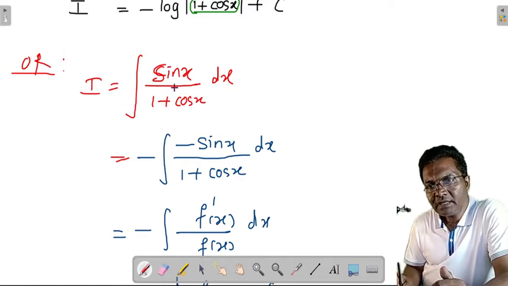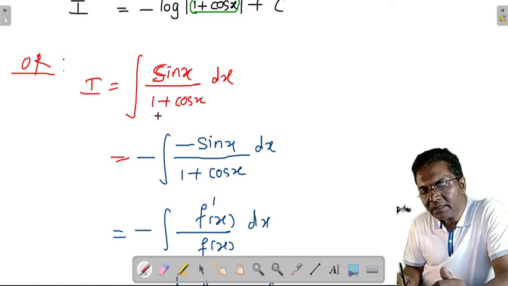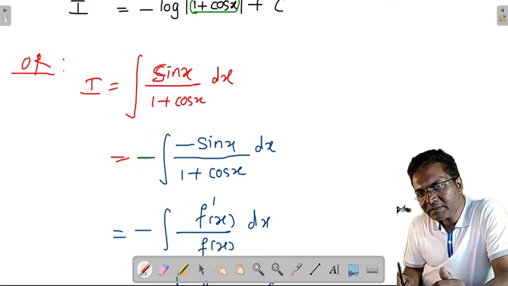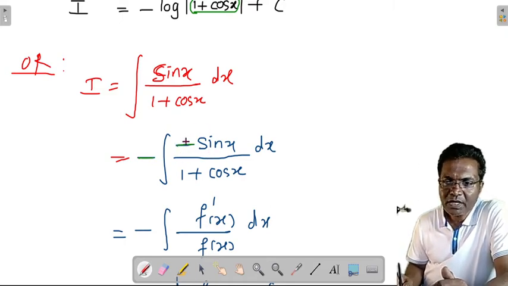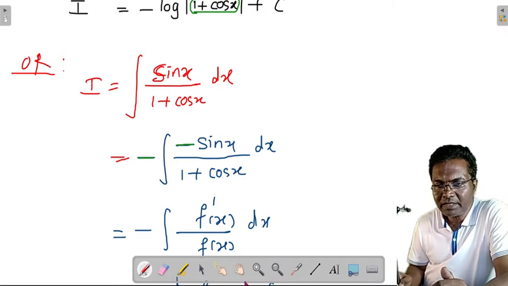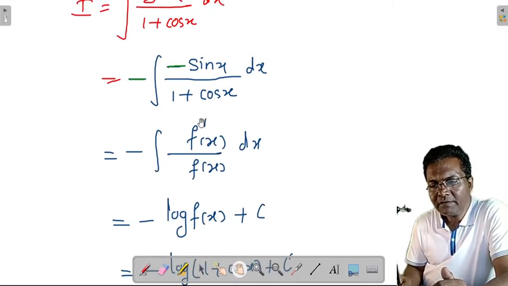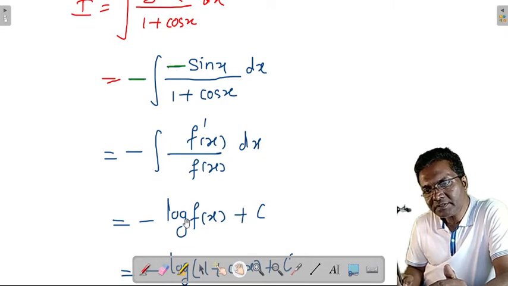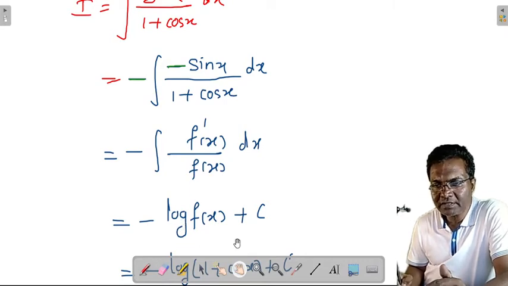So in another way, I know that the derivative of this is minus sin x. So here no minus means I have multiplied it twice, by minus into minus. So now this is the derivative of the denominator. So whenever the numerator is the derivative of the denominator, its result is log of the denominator.